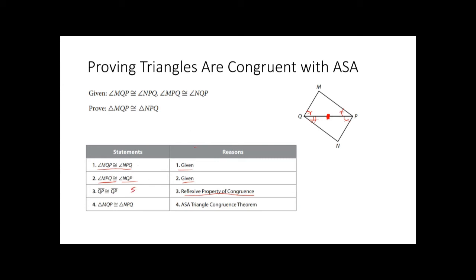So we have an angle and a side given to us, and then visually, it's an angle side angle. So if we've got that going on for both our triangles, then our triangles are congruent. That's what they finish off right here. They say their triangles are congruent because of angle side angle triangle congruency.